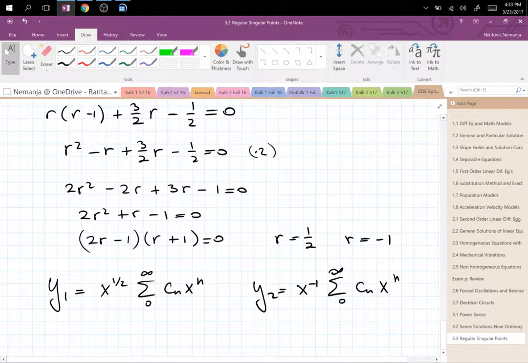Now observe when these values get inside, that's going to be n plus a half.